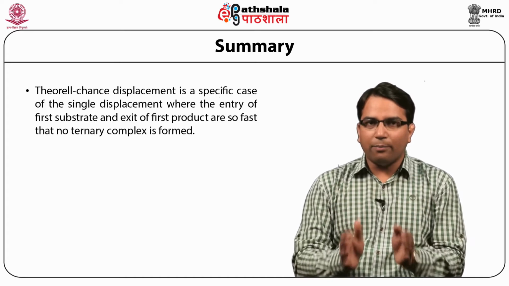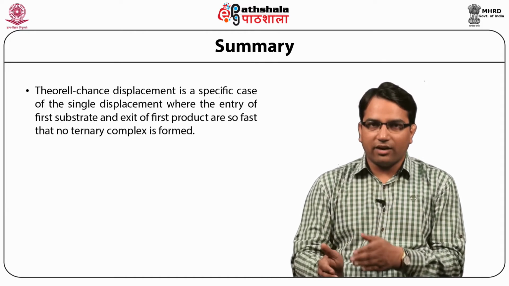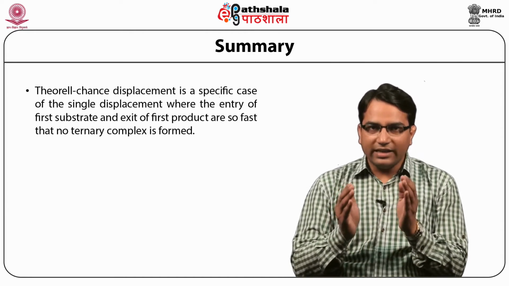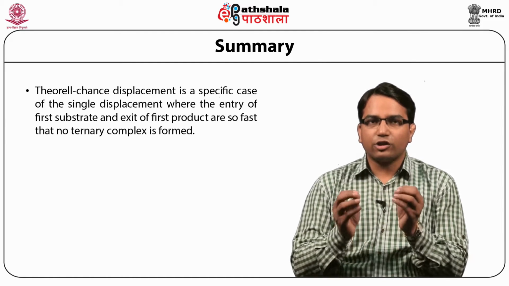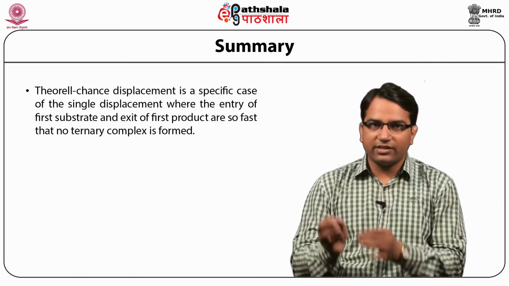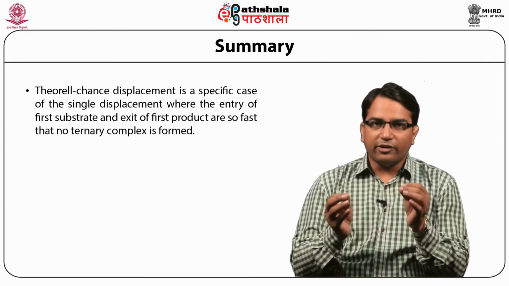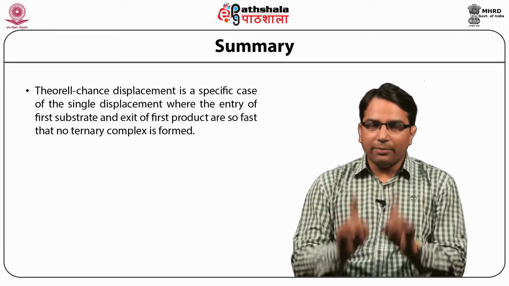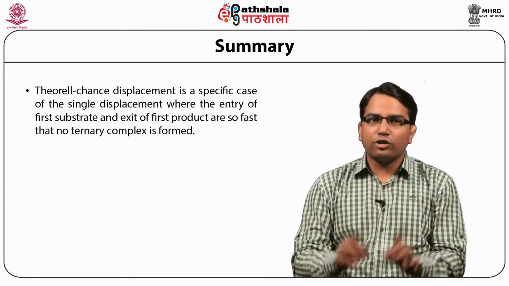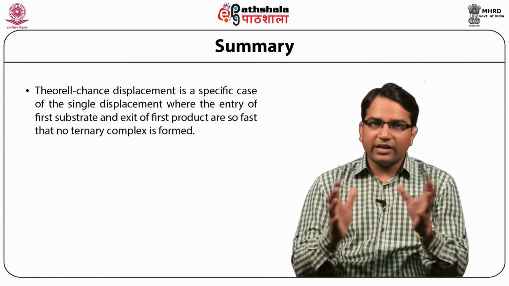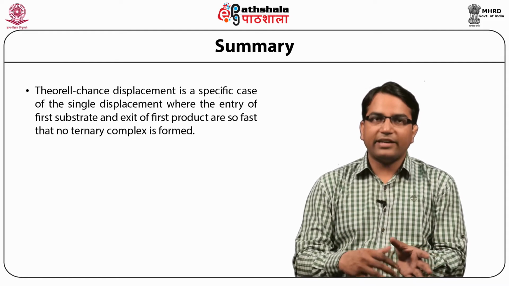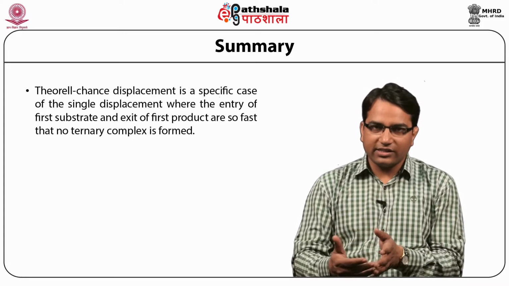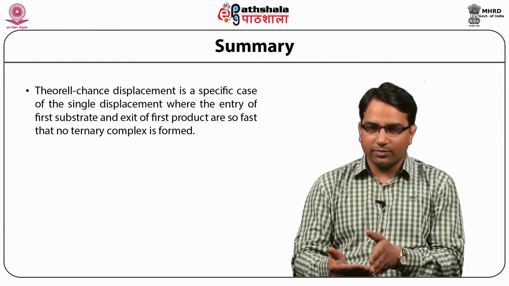The ternary complex, which is a characteristic of single displacement, is not going to exist in Theorell-Chance displacement. When we talk about double displacement, we also do not have a ternary complex. So, ternary complex is a characteristic only of single displacement, but it is absent in Theorell-Chance displacement as well as double displacement.